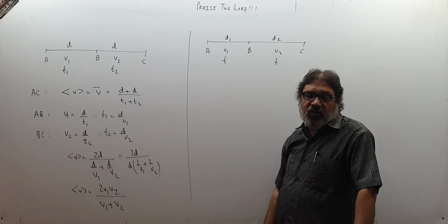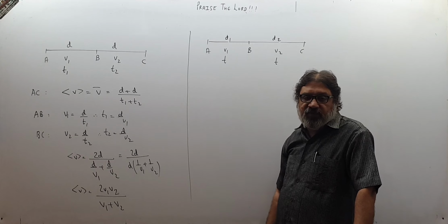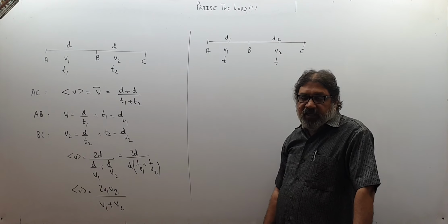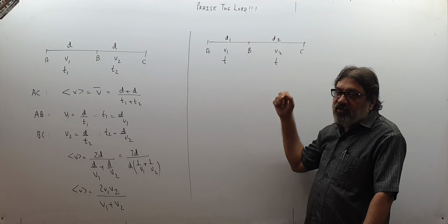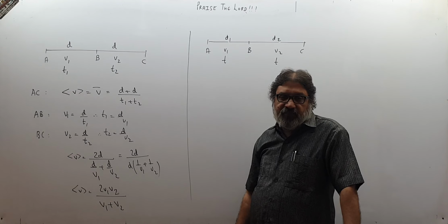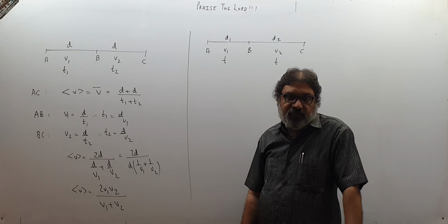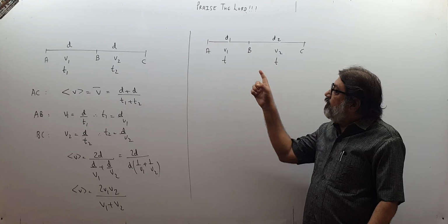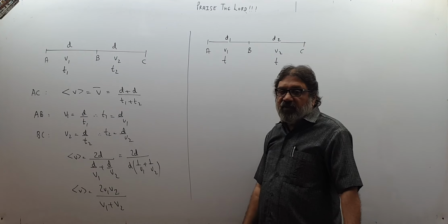Will the distance be equal? No, naturally. You can make out that when you are going at a speed of 50 km per hour, then in 1 hour the distance covered will be 50 km. And when you are going at a speed of 100 km per hour, in 1 hour the distance covered will be 100 km. So because speeds are different but times are equal, the distances won't be equal.